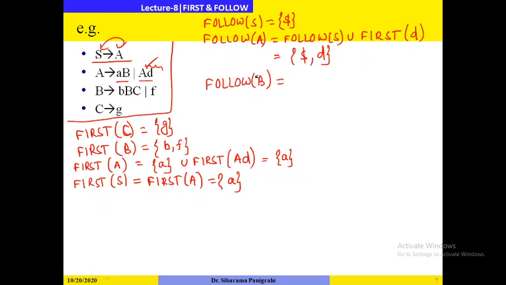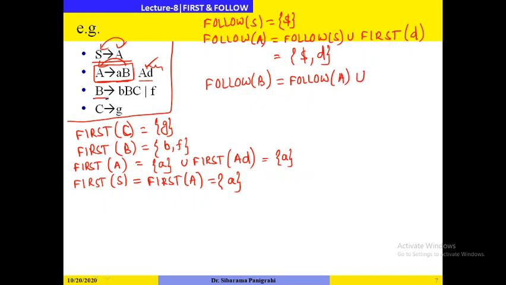I want your answer. Follow of B. So you have to look at this production. Can you tell me for this production what will be follow of B? I want answers from your side. Very good. So here you will get follow of A. Union.